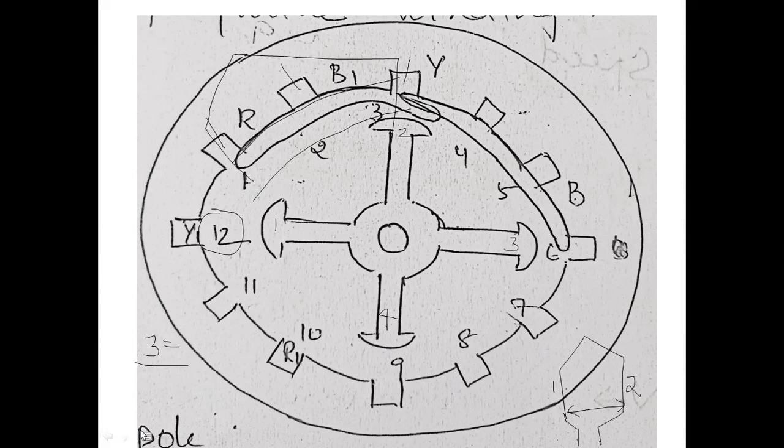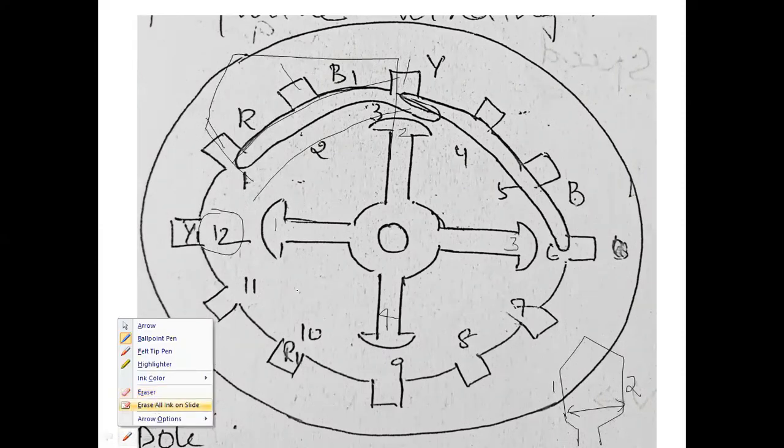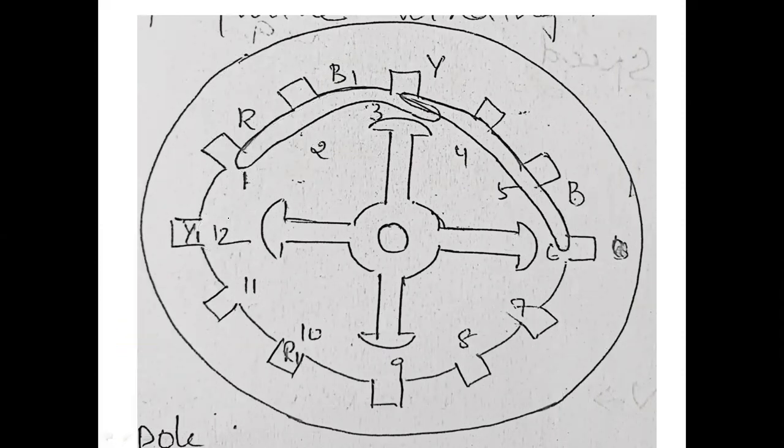Here, if you see the notations, R phase will be starting from 1. First phase in the first slot, R will be starting from 1. Next, R will be starting at 4.